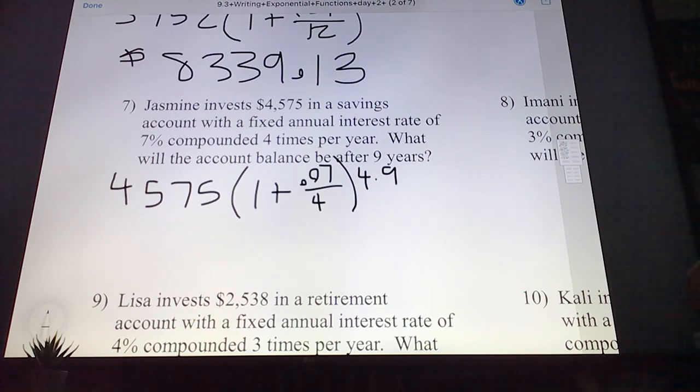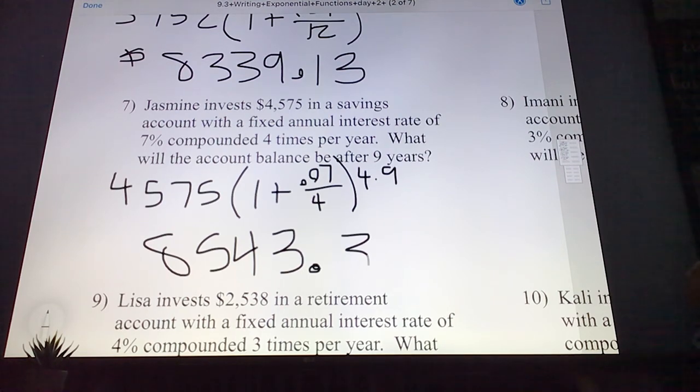Sorry, it takes me a little bit to type in on a calculator. 4575. And I got 8543.39.